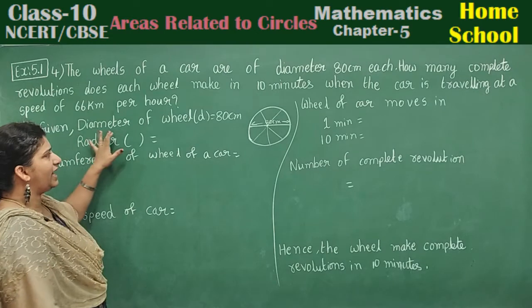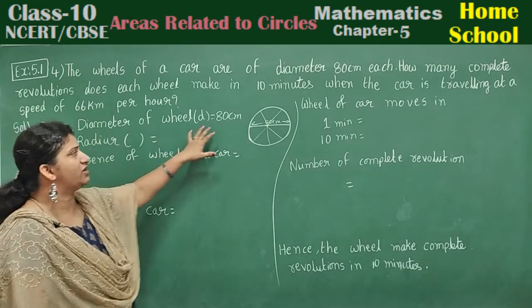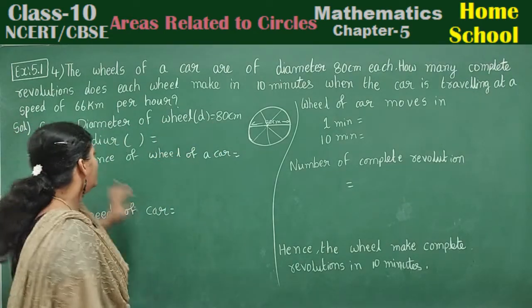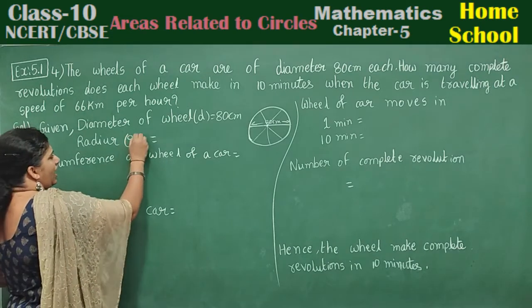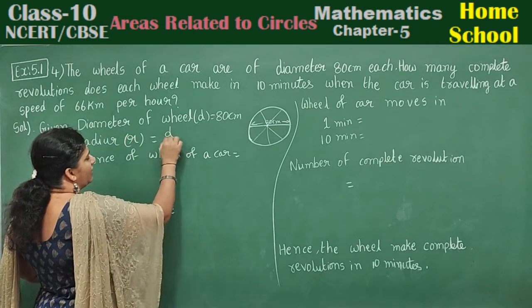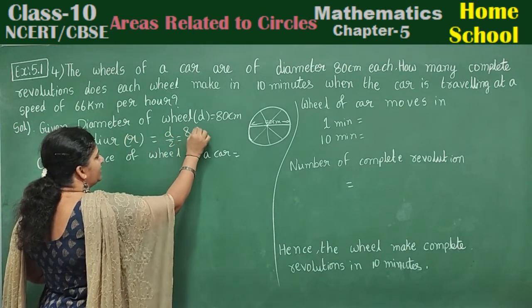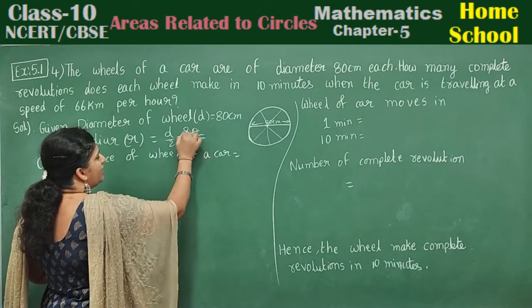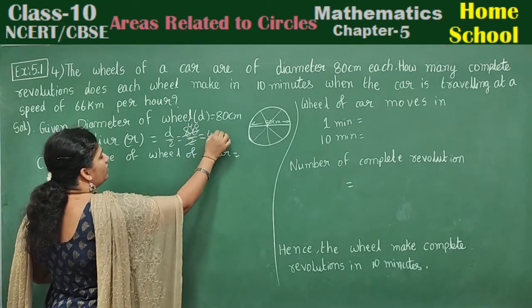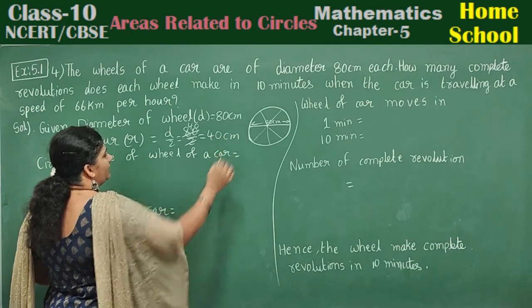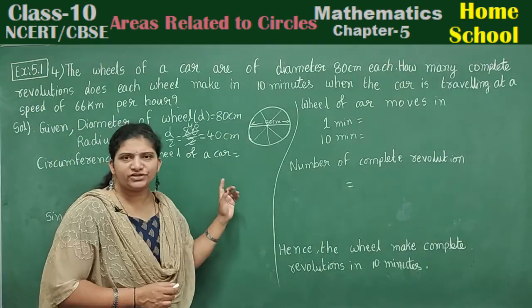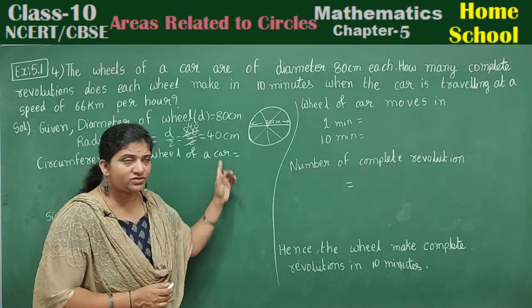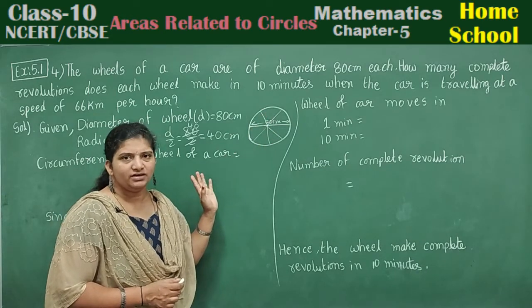Solution. Given diameter of wheel D is equal to 80 centimeters. Radius R is equal to D by 2, that will be 80 centimeters by 2, cancel, 2 fours are 40 centimeters. First, we should calculate the circumference of a wheel of a car.